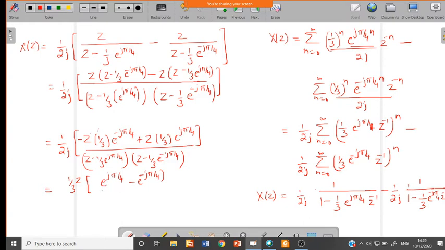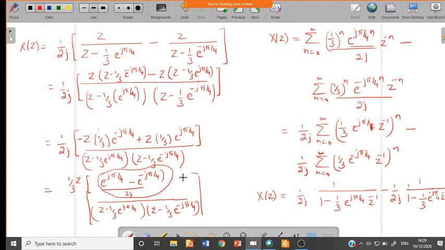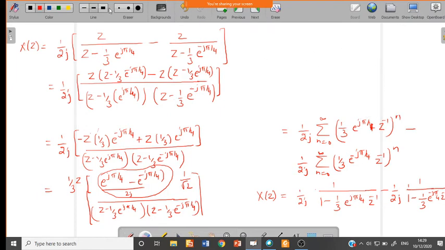So this 2j we can take here, and the denominator is again (z minus (1/3) e^(jπ/4)) into (z minus (1/3) e^(-jπ/4)). So now we can write this as sine of π/4. What is the value of sine of π/4? Sine 45 degrees is 1 by root 2.